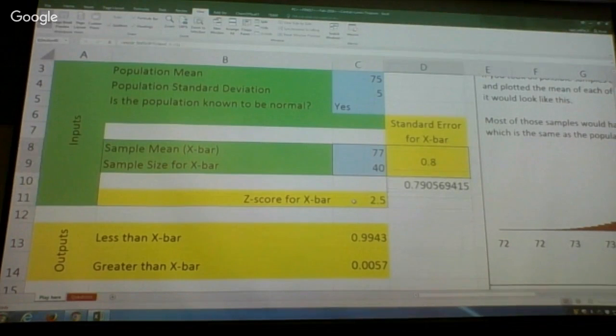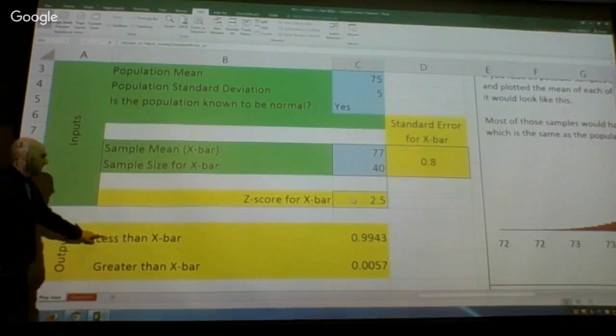It's approximately 0.8, or 0.79, which rounds to 0.8. Which means my z-score is around 2.5.